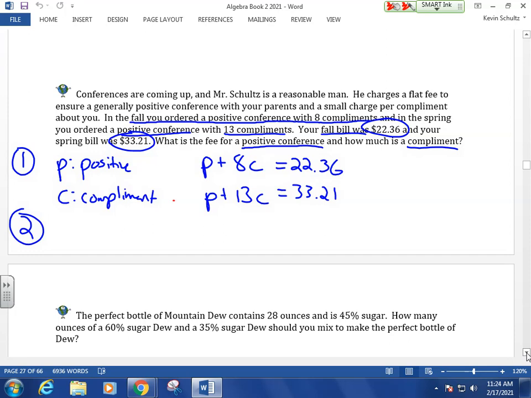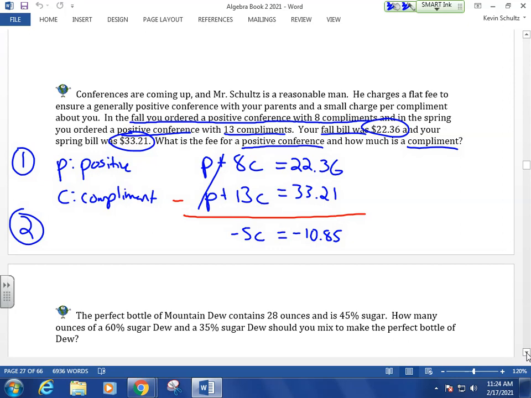So if we take that P away and just look at the fact that 8 minus 13, negative 5C, 22.36 minus 33.21, negative $10.85.